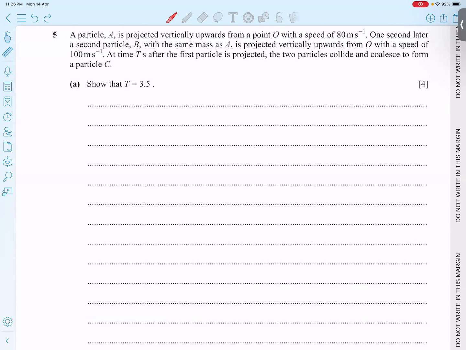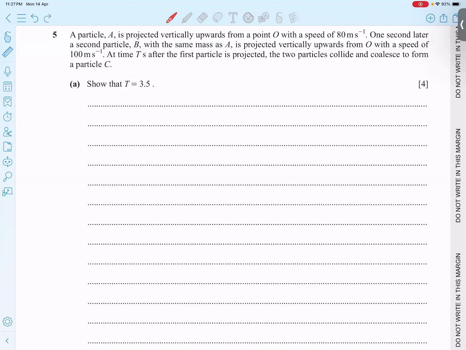At a time t seconds after the first particle is projected, the two particles collide and coalesce to form a particle C. This part is clear, and we have to prove the time is this much.